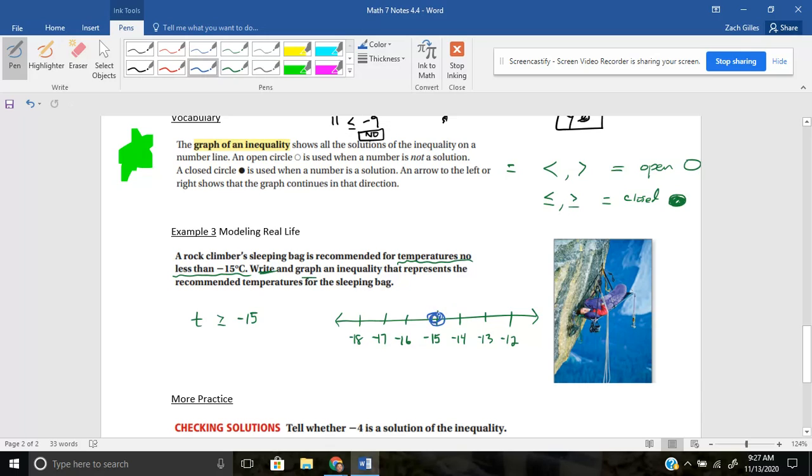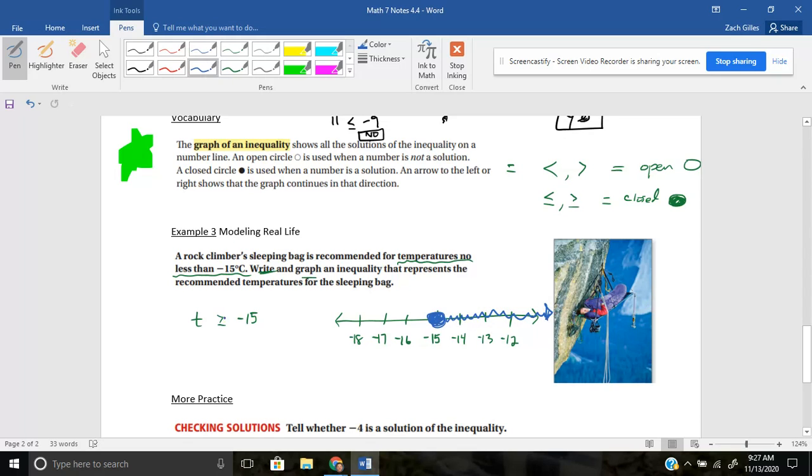So I'm going to shade that in. And the inequality is where the temperatures are greater than or equal to that. So when I'm talking about greater than, I need to shade to the right. And I use an arrow. Some students like to shade by putting a squiggly and then an arrow. That works good too. Okay?